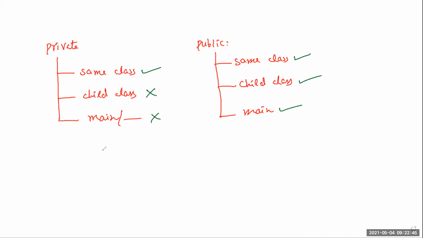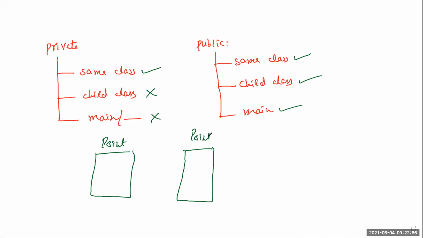Now let's see what situation we have. We have a Point class here, and we have another class which is called Point3D. We have something private here. I write private int x, maybe just x is sufficient.